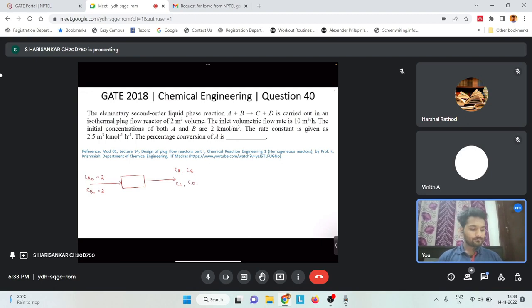The flow rate nu is given as 10 meter cube per hour and the volume of the reactor V is given as 2 meter cube. Using these data, we need to find the percentage conversion, which is XA in percentage.